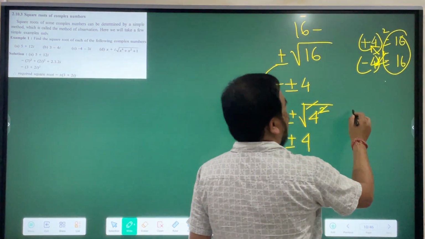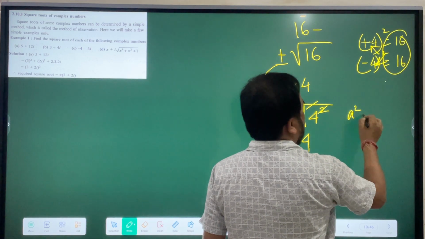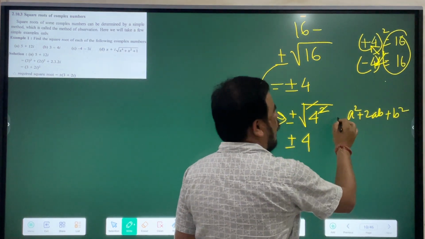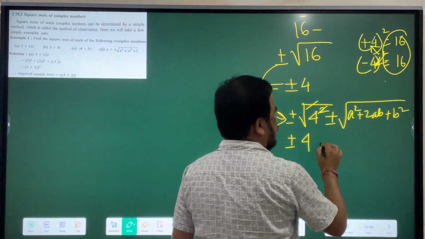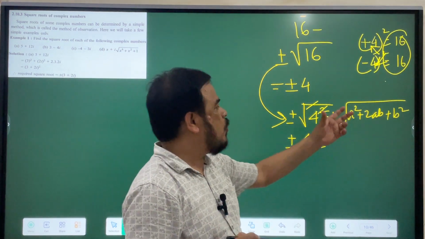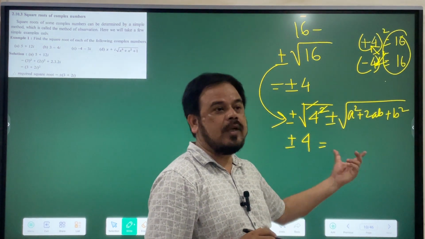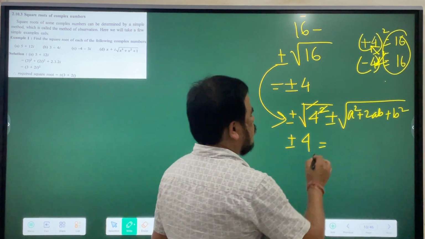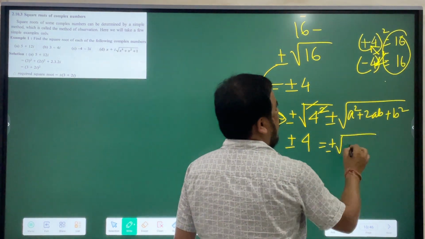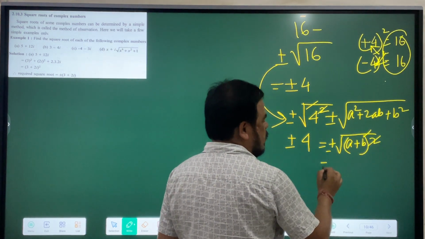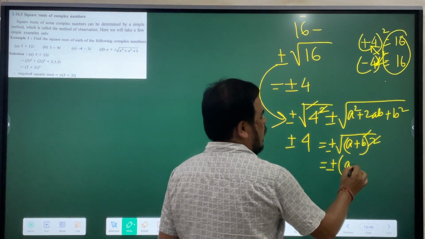What is the square root of a square plus 2ab plus b square? We try to find the whole square, so plus minus a plus b whole square. Then the square and root cancel, so the answer is plus minus a plus b.